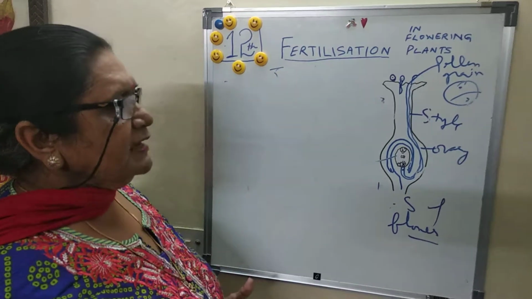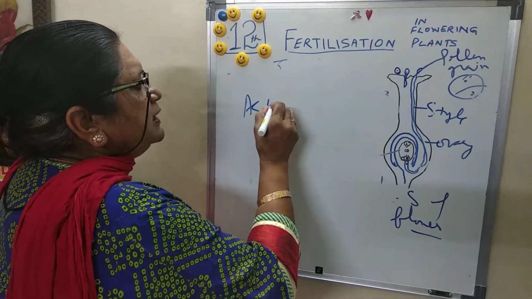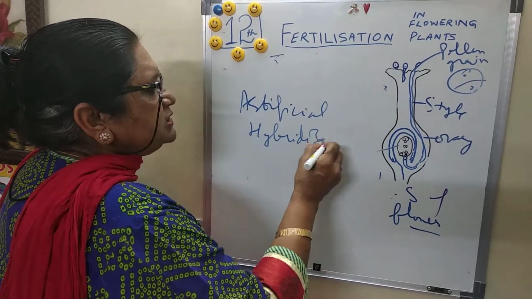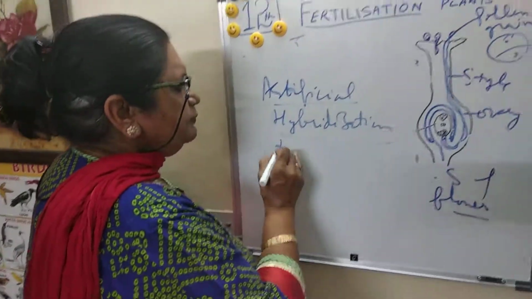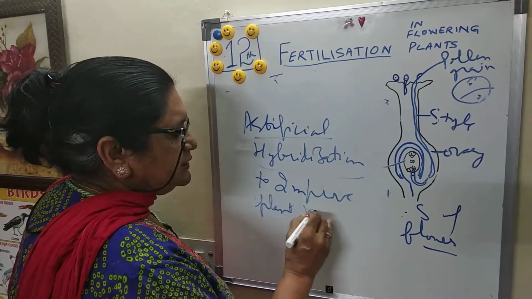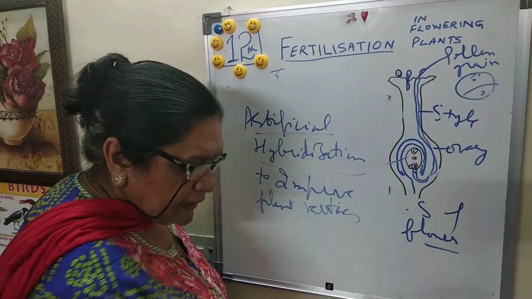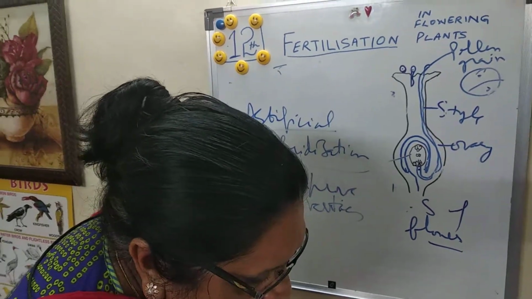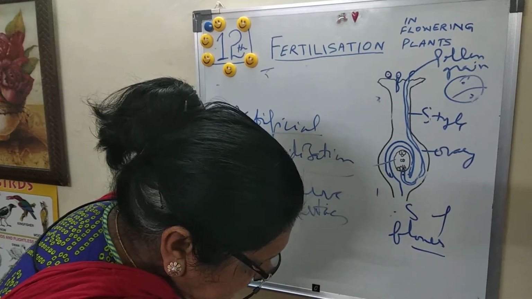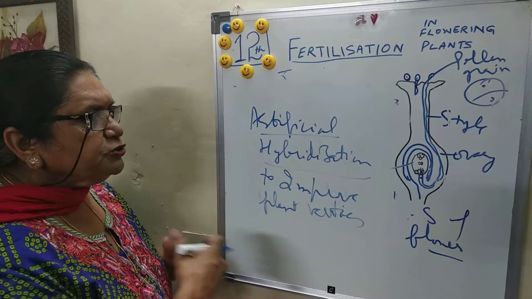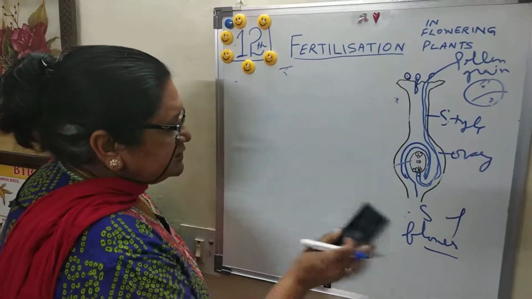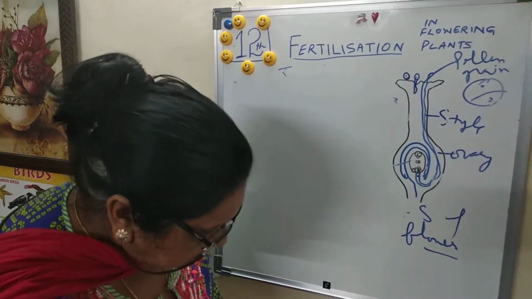Then comes another subtopic called artificial hybridization. Hybridization is quite common to improve plant varieties, in crop improvement programs. In these crossing experiments, the major approach is to improve crop variety, whether for resistance to diseases or for more yield production.